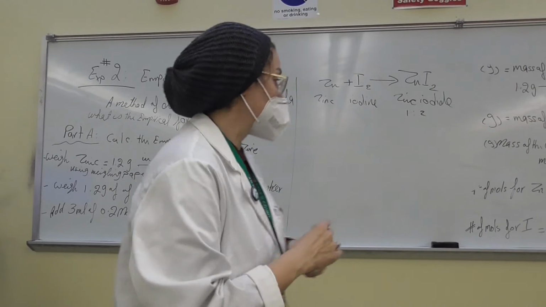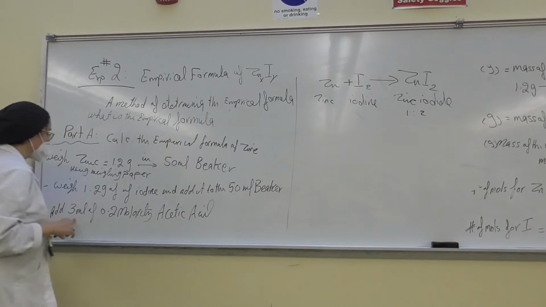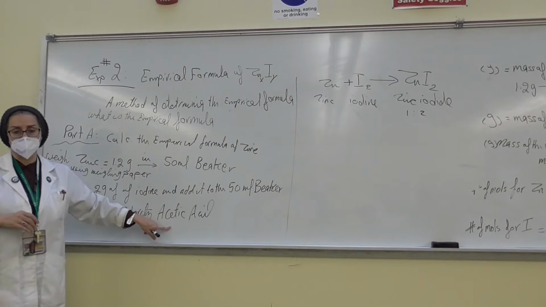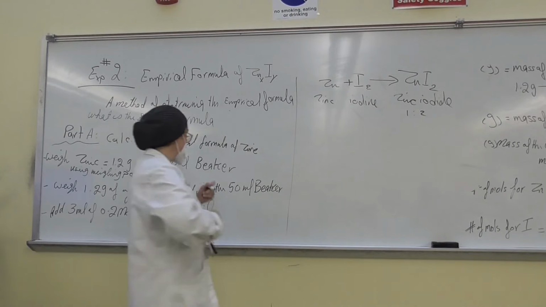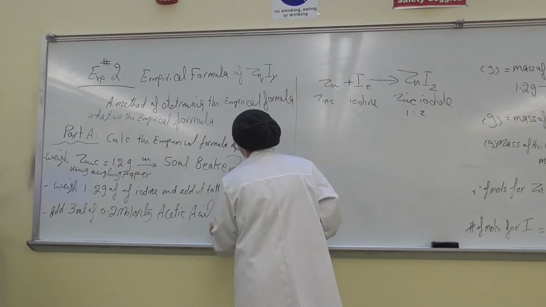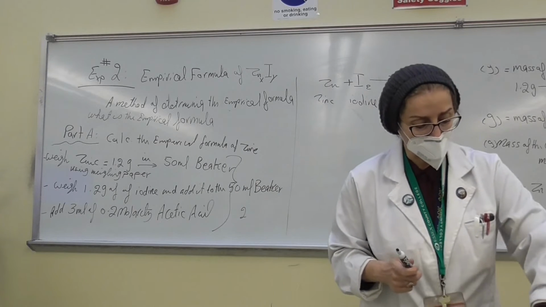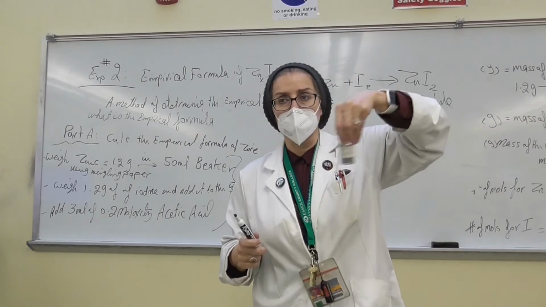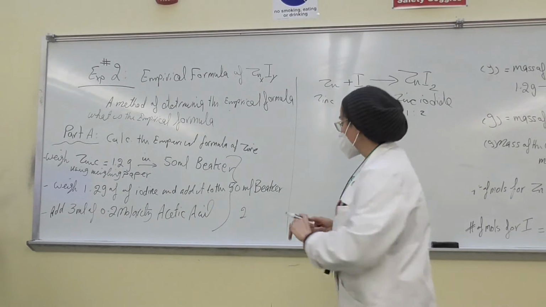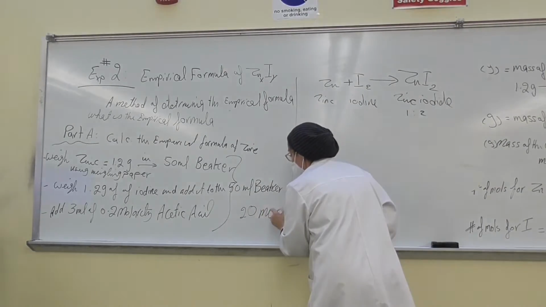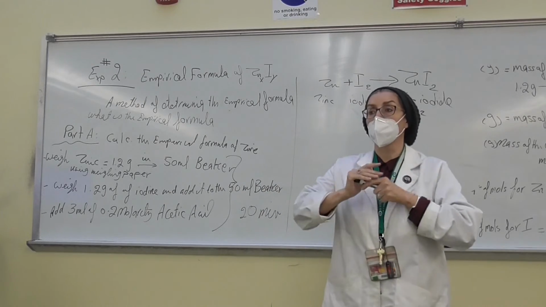Okay? So you're going to add 3 milliliter of 0.2 molarity acetic acid. And after you mix all those three, you're going to swirl it, just swirl it. Swirling meaning this. That's swirling, okay? And then wait for 20 minutes.